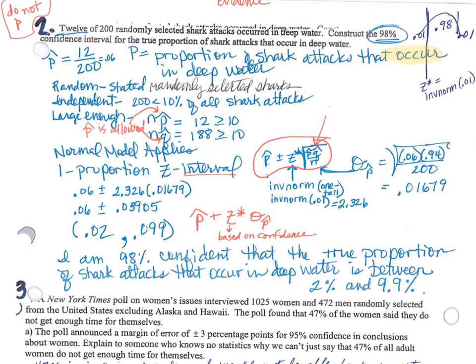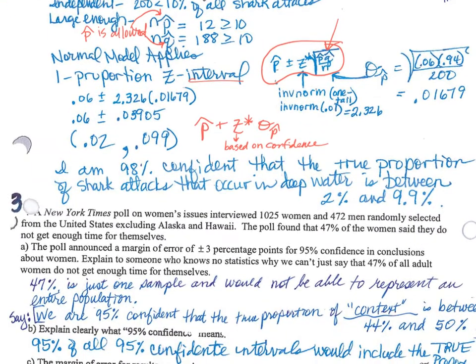All right. So yours may be a little off from mine because I bet you used 2.33 as your Z-score. If you used 2.33 as your z-score, what was your interval? Was it a little off from mine? Can you tell me how much it was off? I got 0.04 to 0.099.